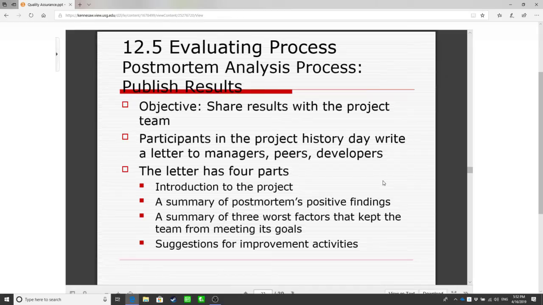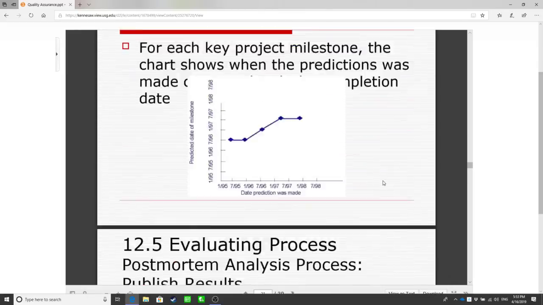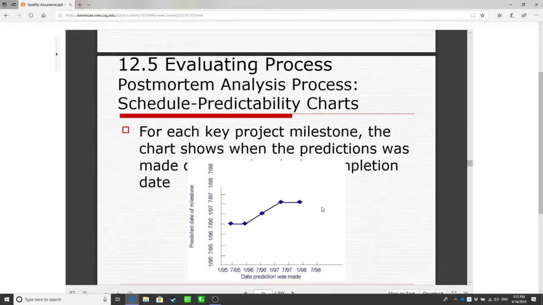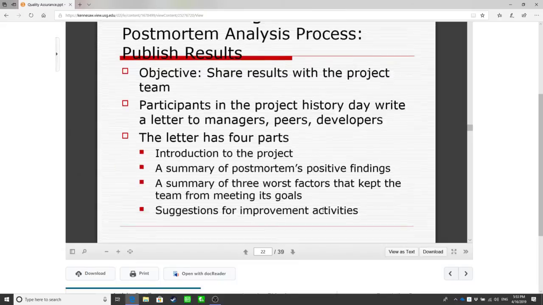We share the result with the project team, and participants in the project history write a letter to everyone else: managers, peers, developers, all the stakeholders. The letter should have 4 parts: introduction to the project, summary of the findings, summary of the 3 worst factors that keep the team from meeting its goal, and suggestions for improvement activities. This chart definitely gave you a lot of information on that.